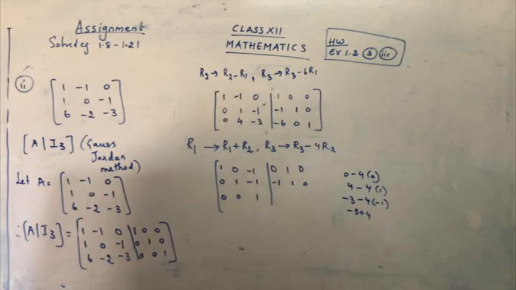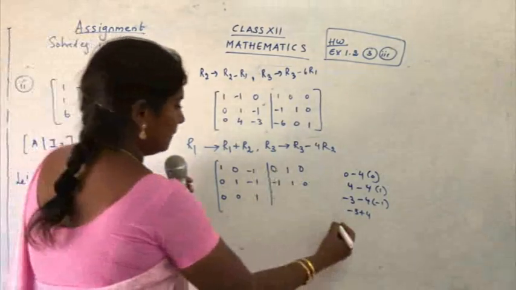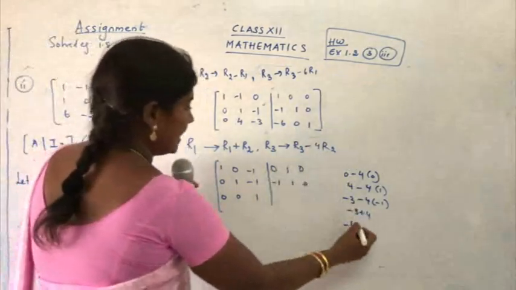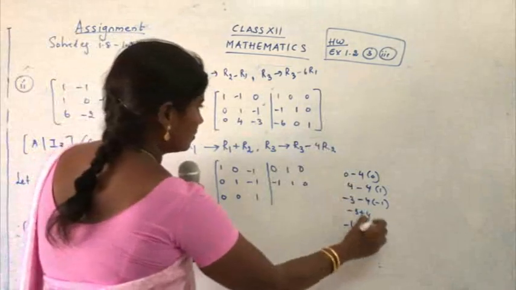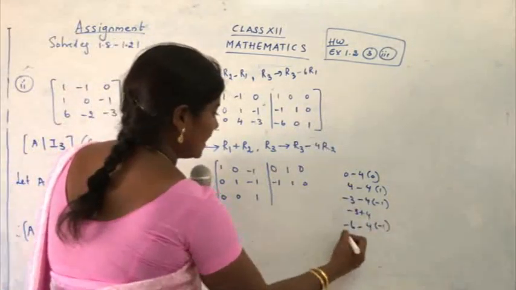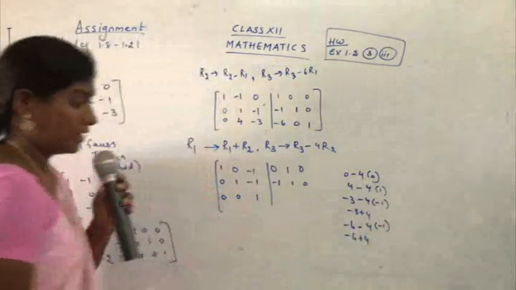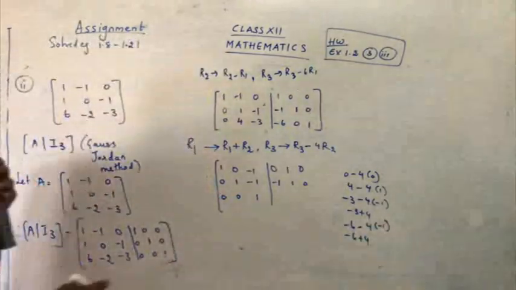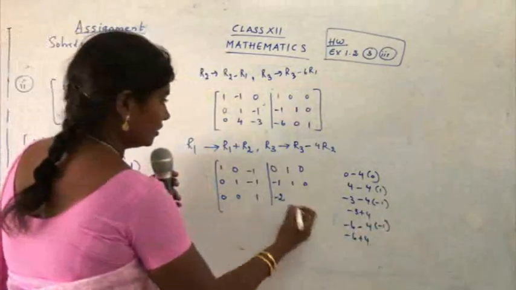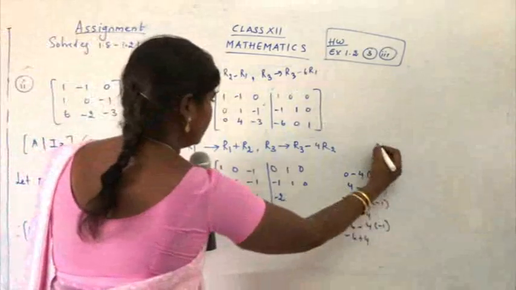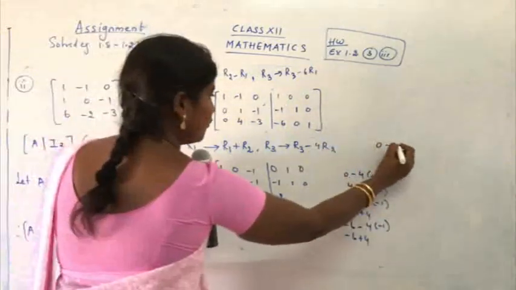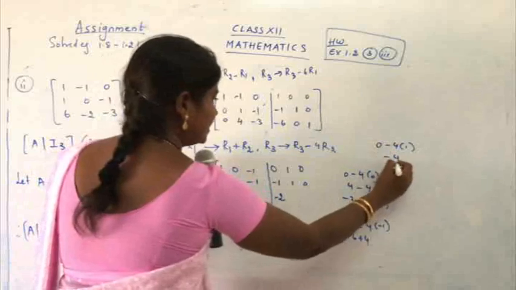Next, R3 minus 4 R2. Minus 6 minus 4 times minus 1: minus 6 plus 4. It's minus 2. Then 0 minus 4 into 1 is minus 4.